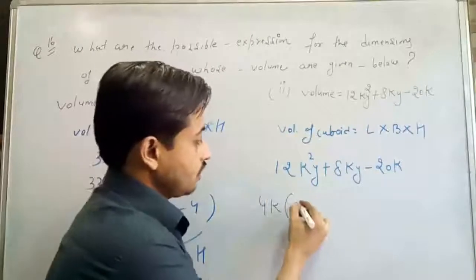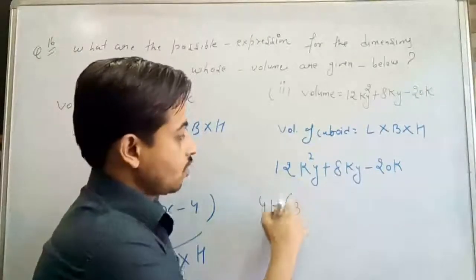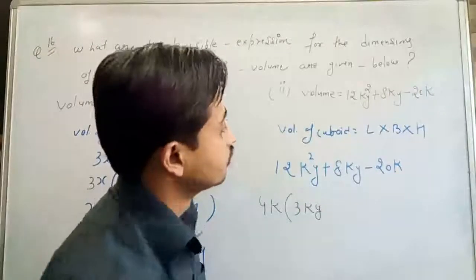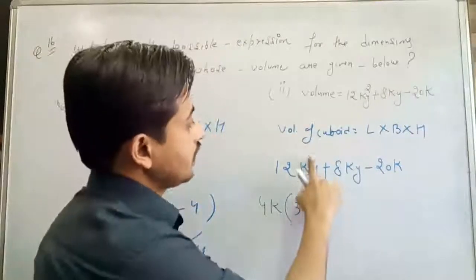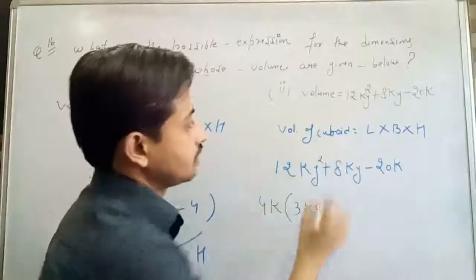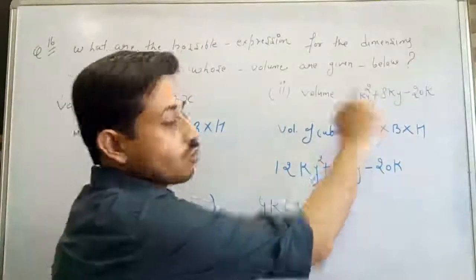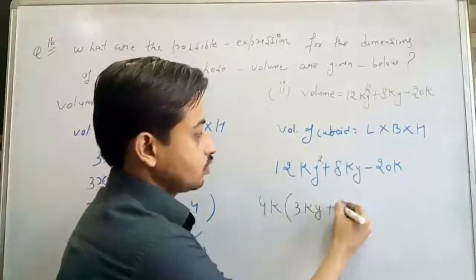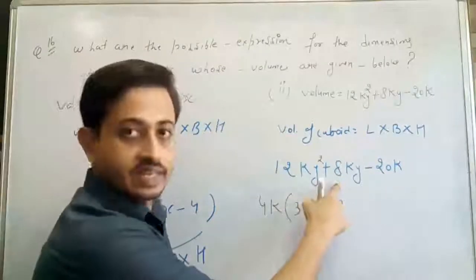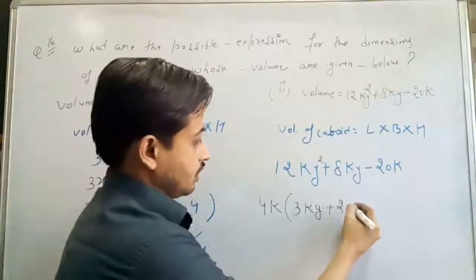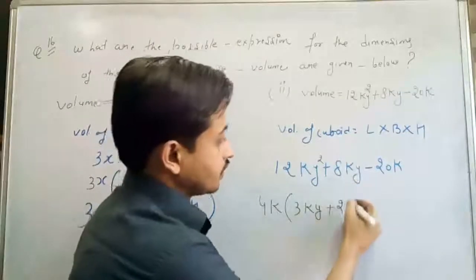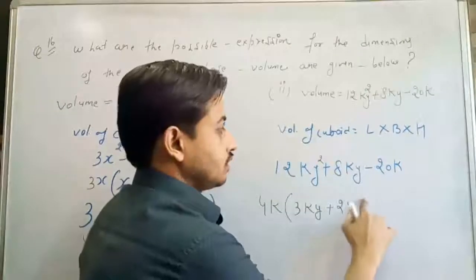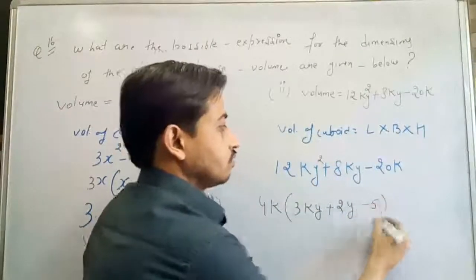4 into 3, 12. So I am going to take common k. Sorry, here it must be ky square. So if I take common 4, 8 to the 4, so 4 to the 8, I get 2y. And 4 5s are 20, I get minus 5.